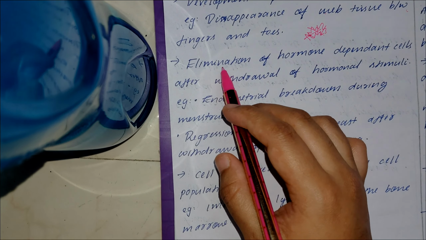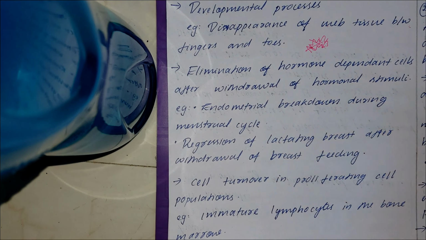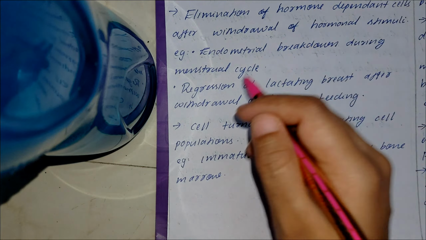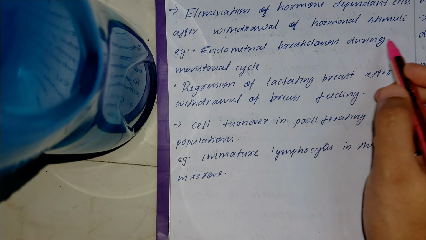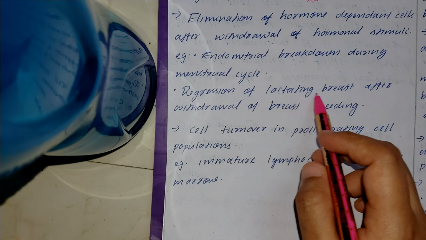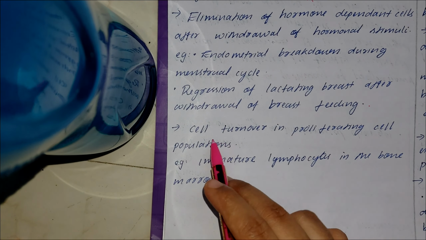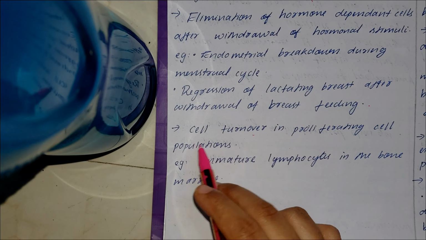Now, third will be the elimination of hormone dependent cells after the withdrawal of hormonal stimulant. Let's not make it complicated, it's just endometrial breakdown during the menstrual cycle. Third is the regression of lactating breast after withdrawal of breastfeeding, and fourth will be the cell turnover in proliferating cell populations.